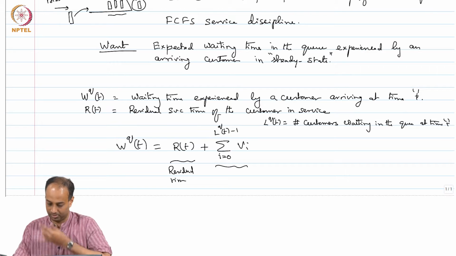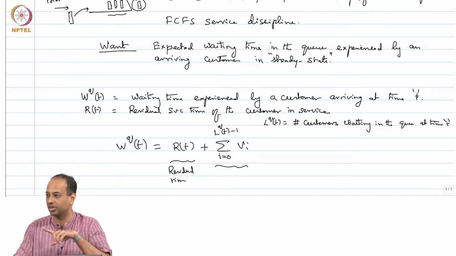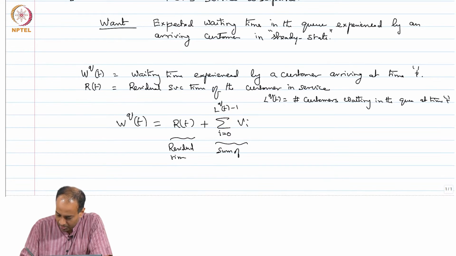So, this is the notation we use: the sum of service times of waiting customers.